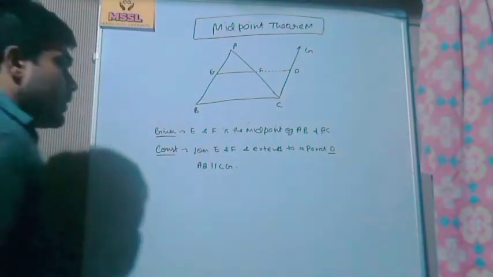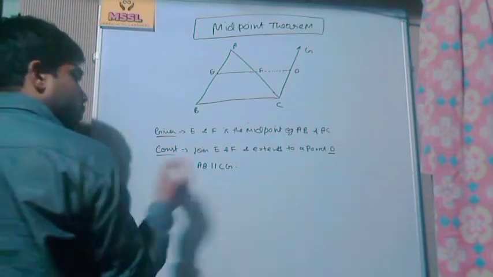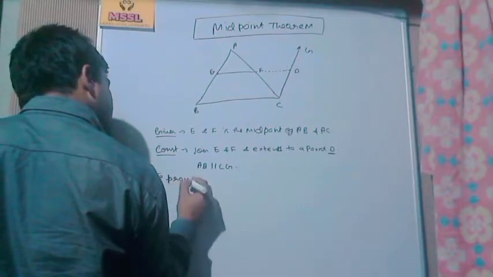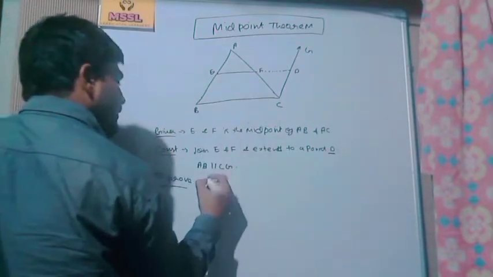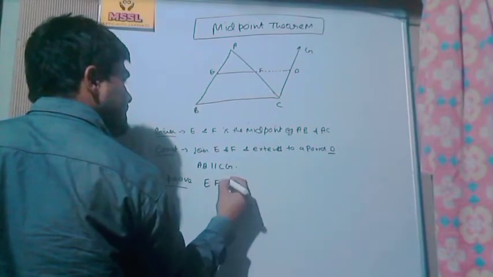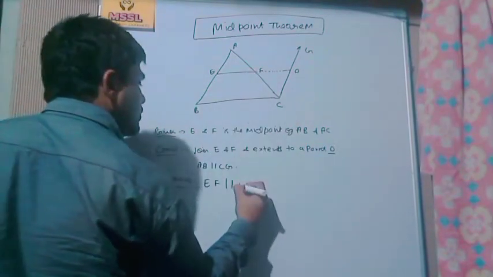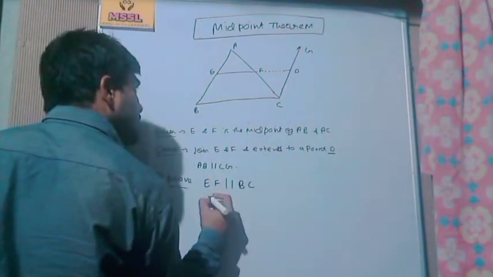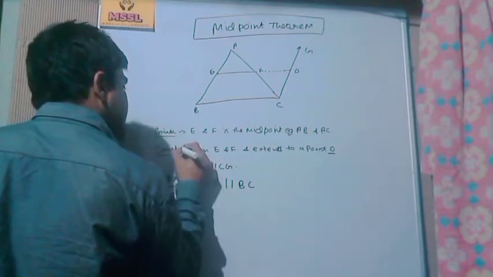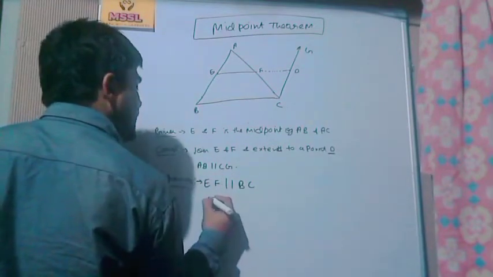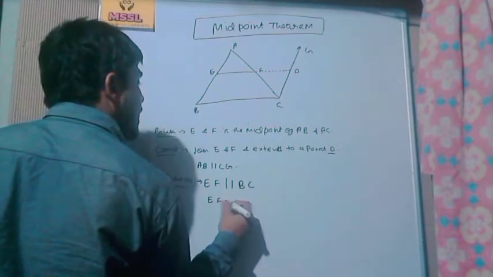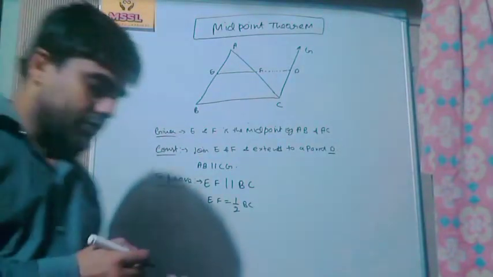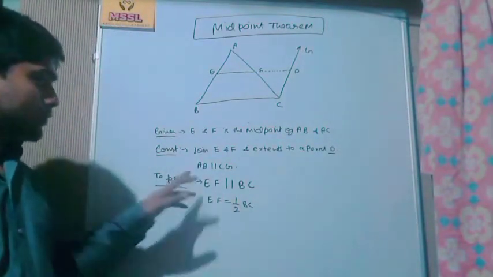Now what we have to do is prove that EF is parallel to the third side, which is BC. And the second proof is that EF is half of BC. So these are the two proofs we have to do.